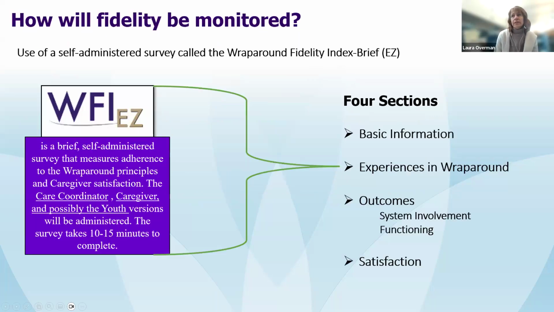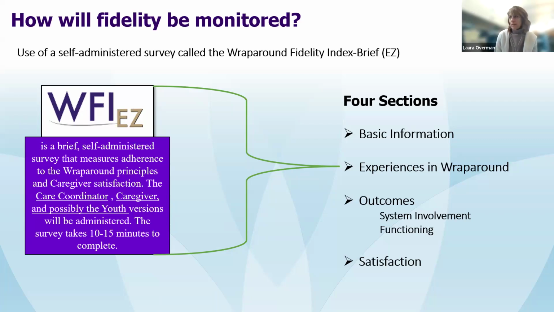The survey is called the WFI-EZ, which stands for the Wraparound Fidelity Index Brief Version. It is a self-administered survey that takes about 10 to 15 minutes to complete. It measures how well the care coordination adheres to the principles of wraparound, and caregiver satisfaction.